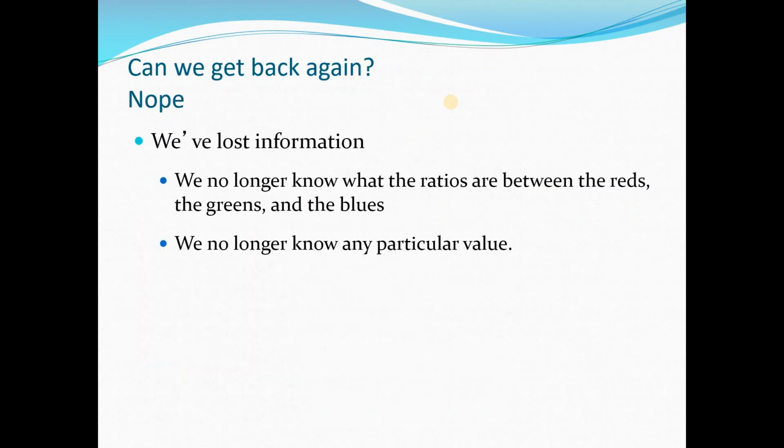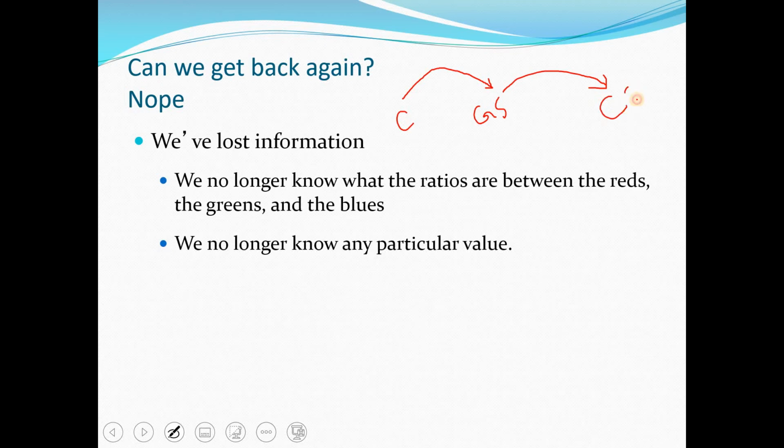But the important question is, can we do the same thing with the grayscale? For example, I have a color image, I convert it into a grayscale image, and if I try to apply the grayscale function again, will it give me the color image? That's the question. What do you think?